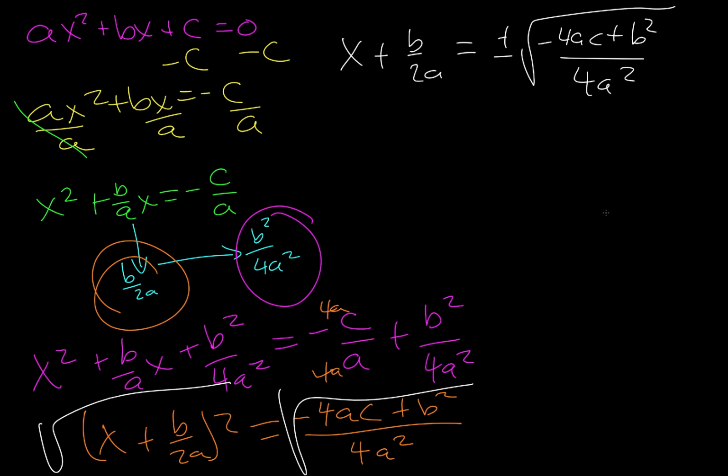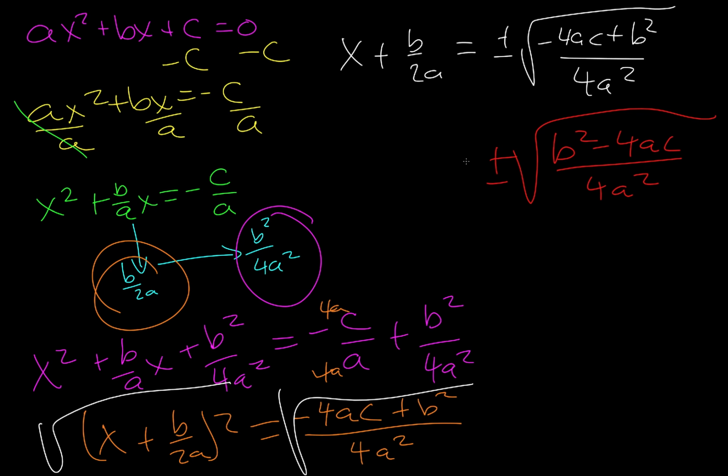Before I move on, I'm going to switch the top and say b squared minus 4ac, because that should be familiar to you if you've done the quadratic formula. That's the correct order.